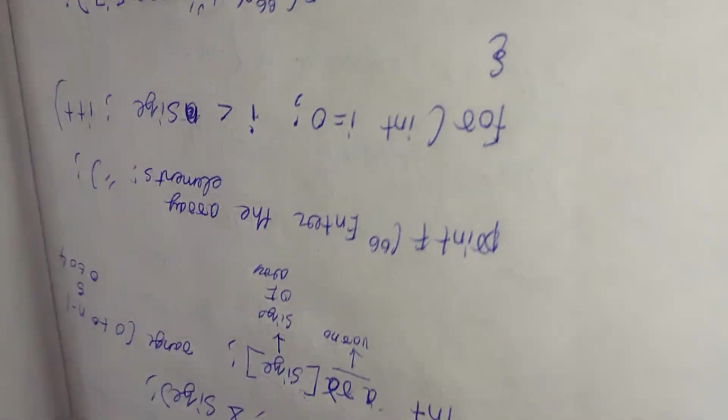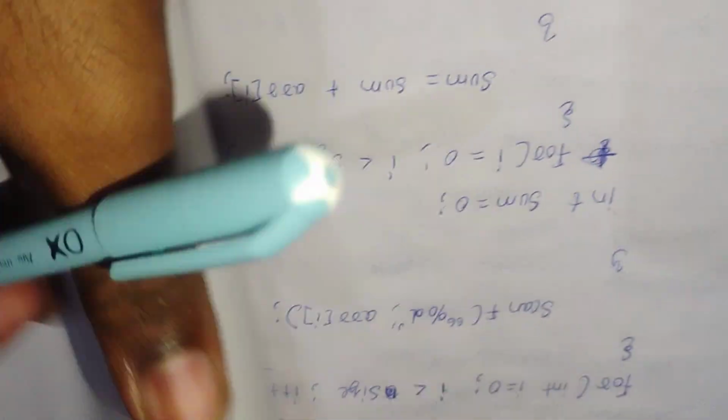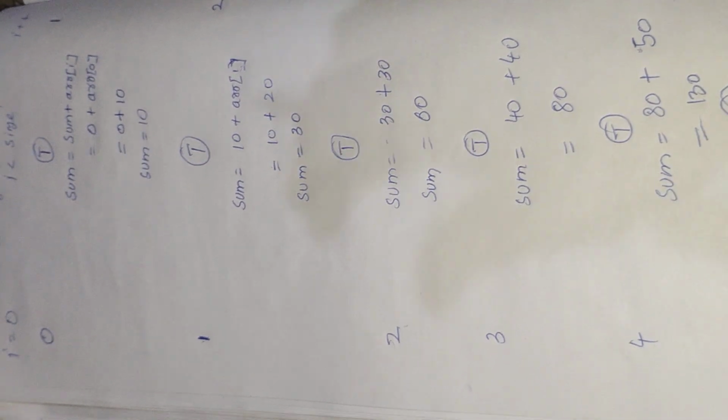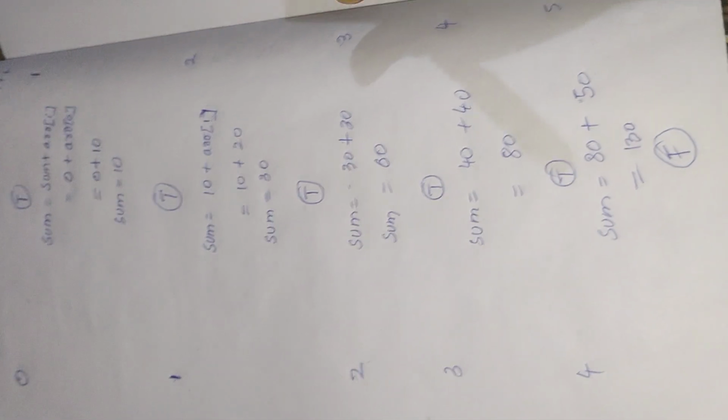So this is how a for loop can access and add all the elements in the array. So this is how the array works.